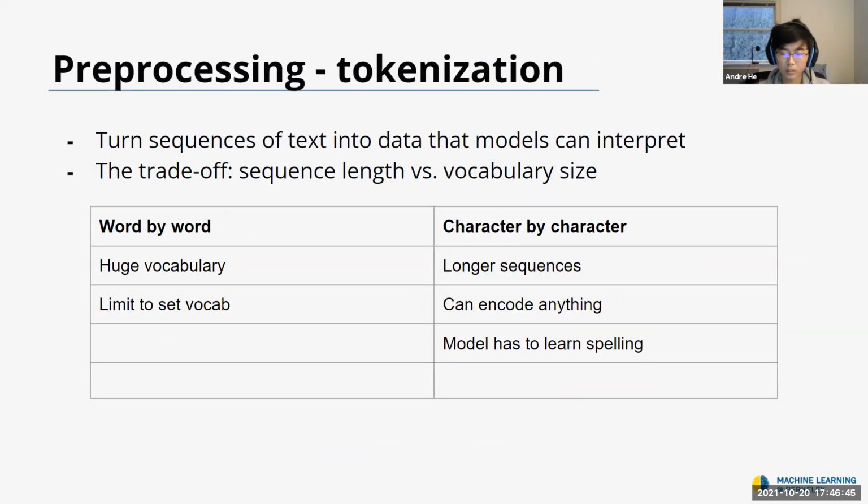Let's talk about the pre-processing step first before we get into the more advanced architectures. Tokenization is the process of turning text into data that your model can interpret. There are several ways to do this. Two of the simplest are tokenizing word by word, which means every word is mapped to a specific integer, and then once your network gets that integer, it can learn some sort of embedding for it.